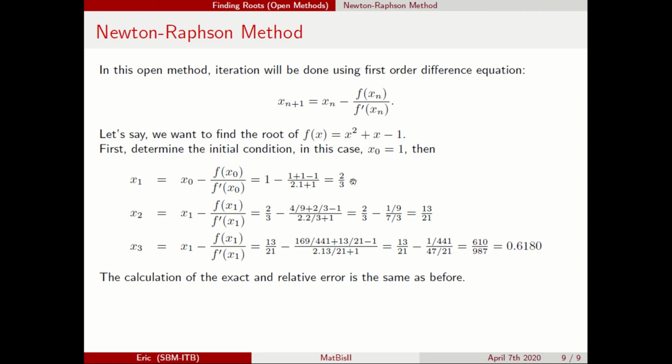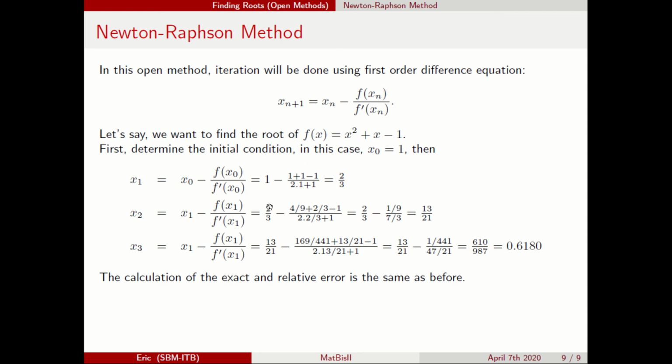And you can do the same trick. What is x2? x2 is x1, 2 over 3, minus fx1. What is fx1? F at 2 over 3. What is f prime x1? It is the derivative of f at 2 over 3, the same, 2x plus 1.